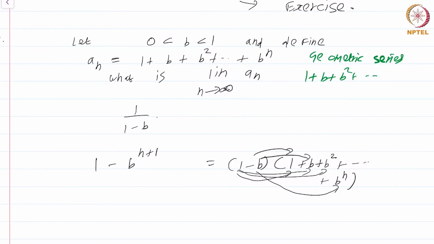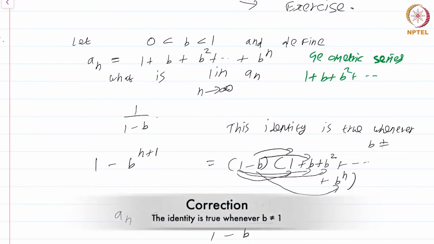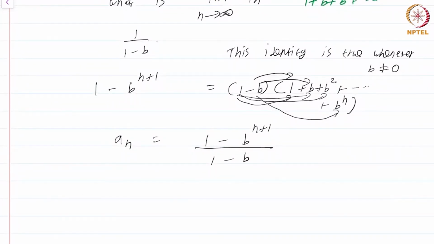So what we are interested in, a_n, is nothing but (1 minus b^(n+1)) by (1 minus b). This algebraic identity is true whenever b is not 1. So we have a_n equal to (1 minus b^(n+1)) divided by (1 minus b).